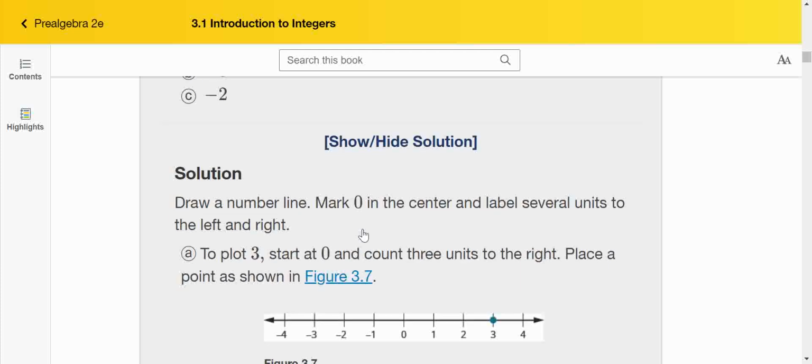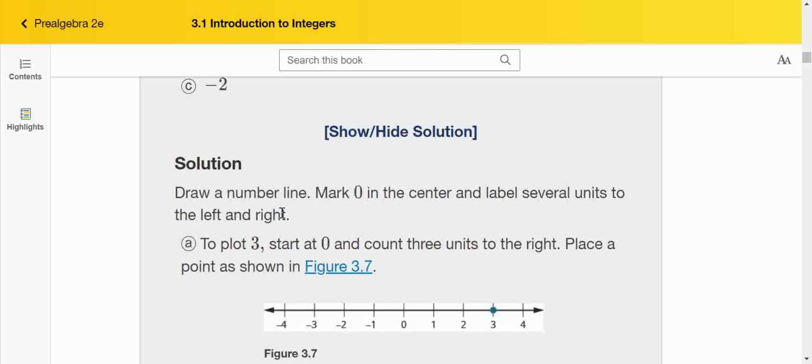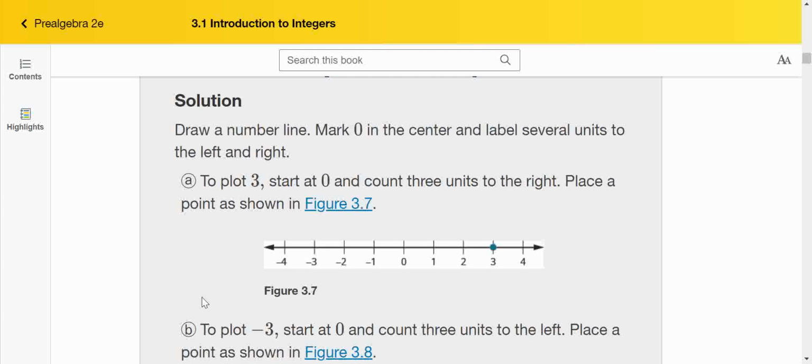Here are the solutions. Draw a number line, mark 0 in the center, and label several units to the left and right. For A, to plot 3, start at 0 and count 3 units to the right. Place a point as shown in Figure 3.7.